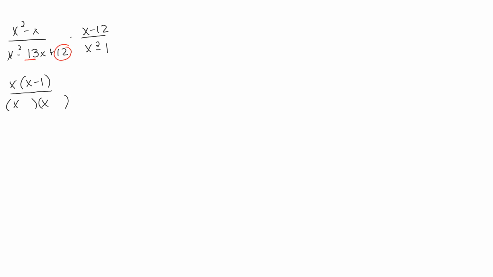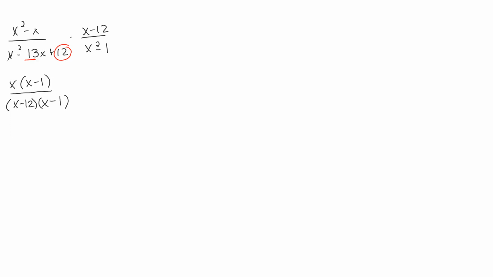So I need factors of 12, both positive or both negative, that add up to negative 13. So I'm looking for two factors of 12, both negative, that add to negative 13. Well, the factors that would work would be negative 12 and negative 1. If I multiply negative 12 and negative 1, I get positive 12. If I add negative 12 and negative 1, I get negative 13.